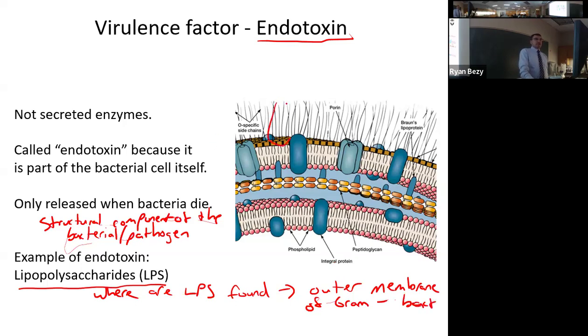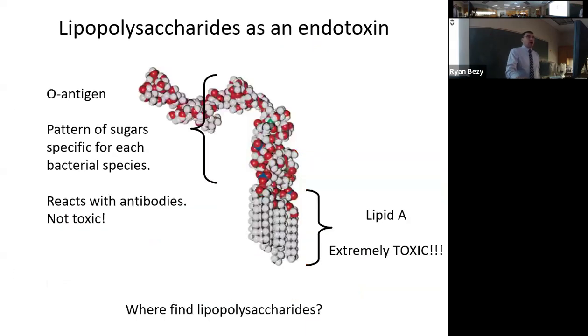Right here is, for instance, my lipopolysaccharides. They are specifically found in the outer membrane of gram-negative bacteria, and that's the only place they're found. Only gram-negative bacteria have lipopolysaccharides. It's a structural part of the outer membrane.